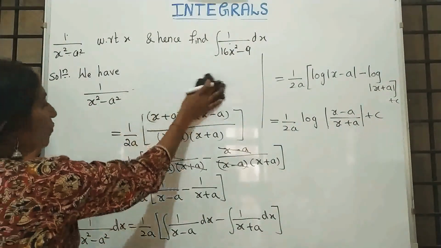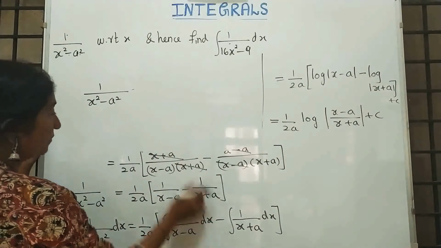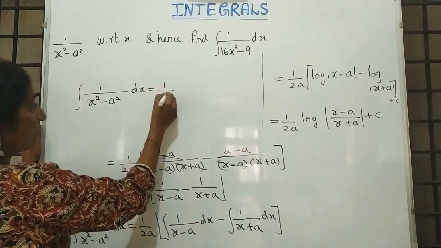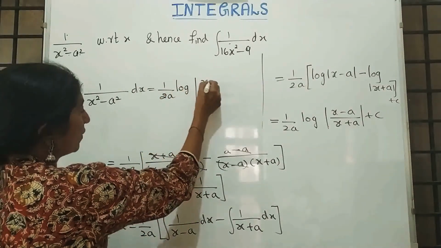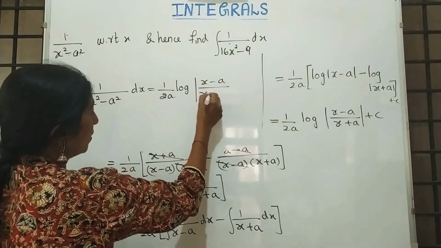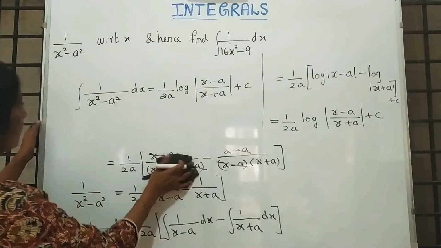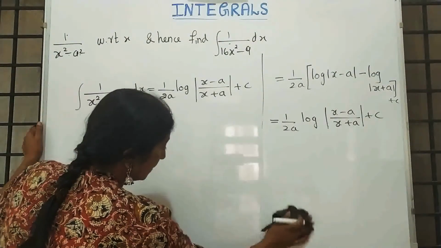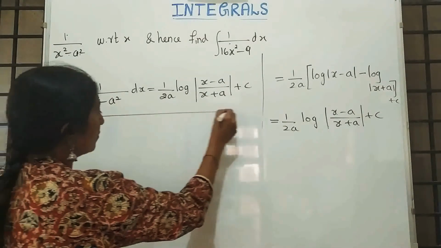So write down the formula once again: the integral of 1 upon x square minus a square into dx is 1 upon 2a log of x minus a upon x plus a plus c. Exactly below, write down the formula. This you write it in the box.